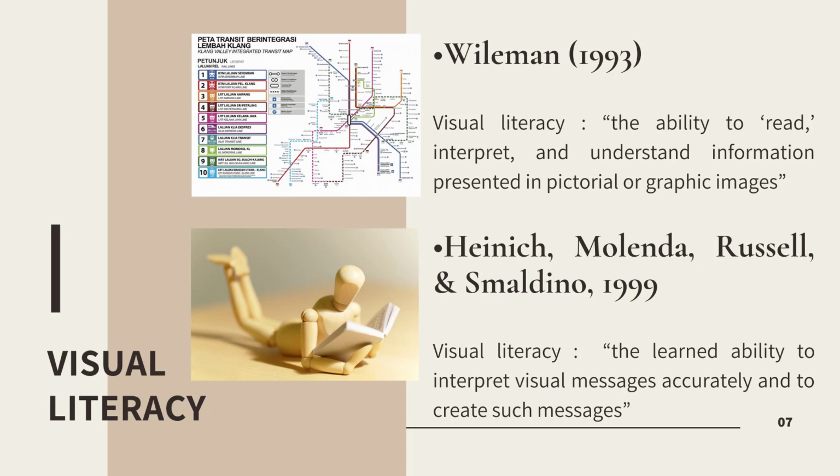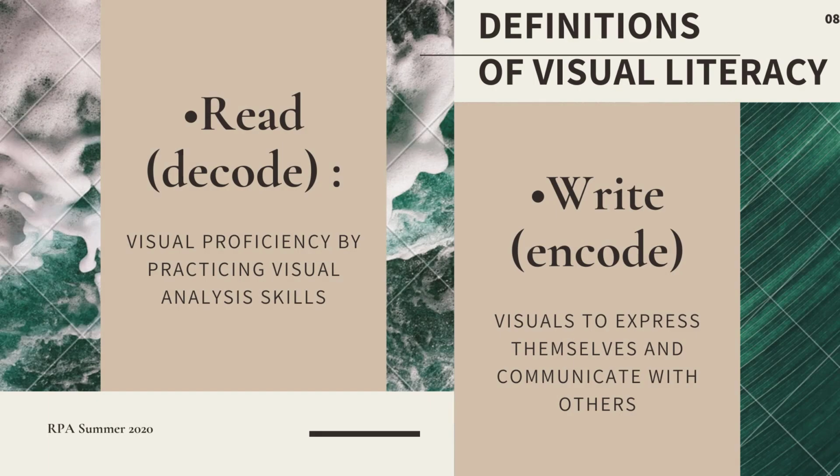So visual literacy could be one of two, whether decoding or encoding. Decoding has a very simple meaning, which is the ability for us to analyze the visual once we see it. So if you're able to analyze any visual you see, this is called decoding.